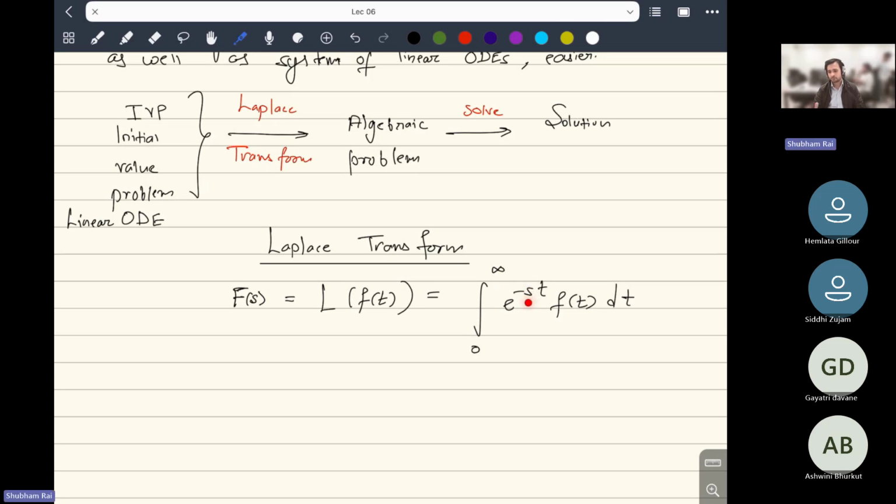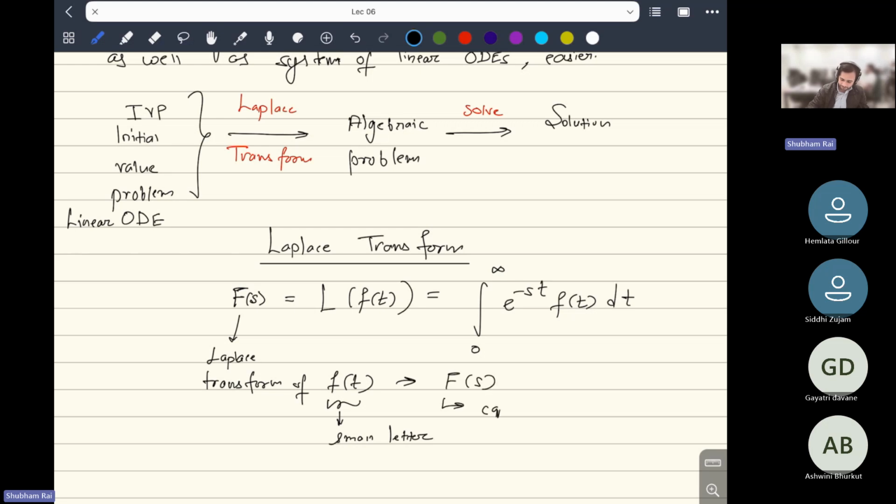So we have transformed our function from time space to a new variable, s space. The function is denoted by a small letter, and its Laplace transform is denoted by a capital letter.